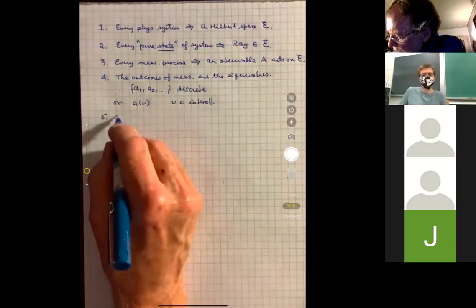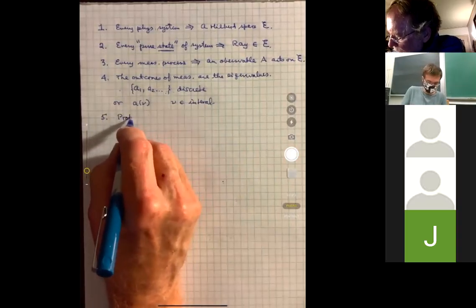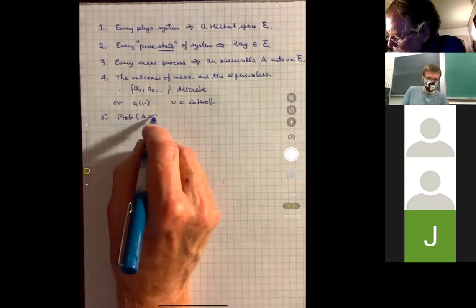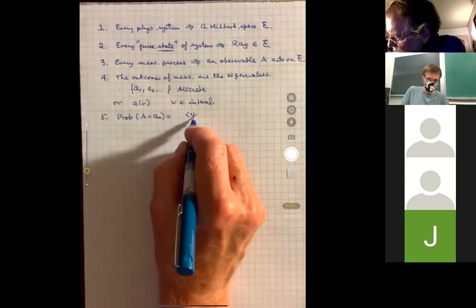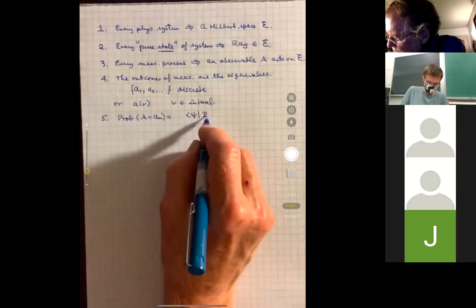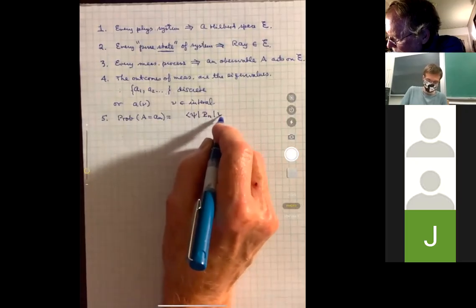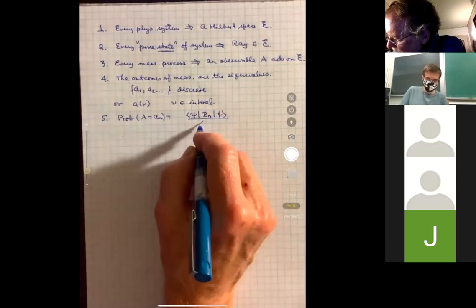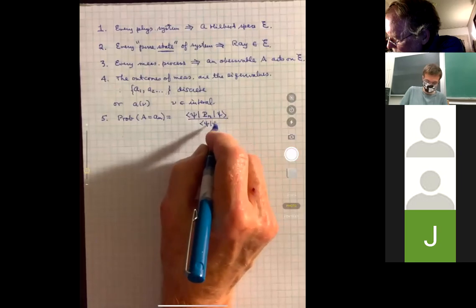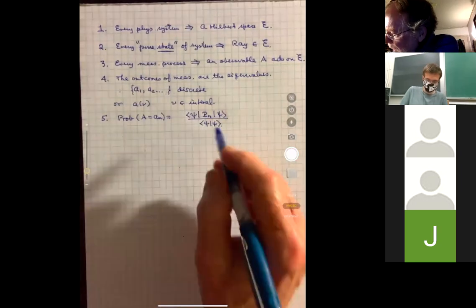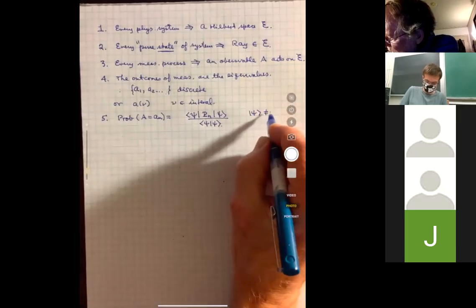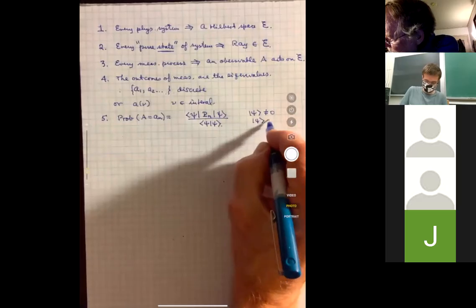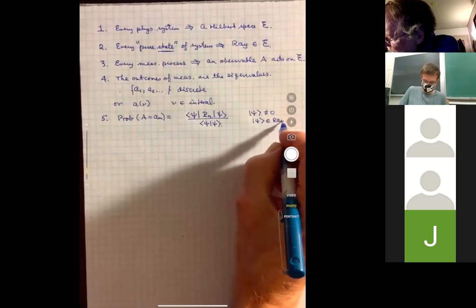The fifth postulate is that on making the measurement, the probability of measuring A equal to A sub n is given by the state psi sandwiched around the projection operator Pn, divided by psi psi. Now the psi here is any non-zero element of the ray.